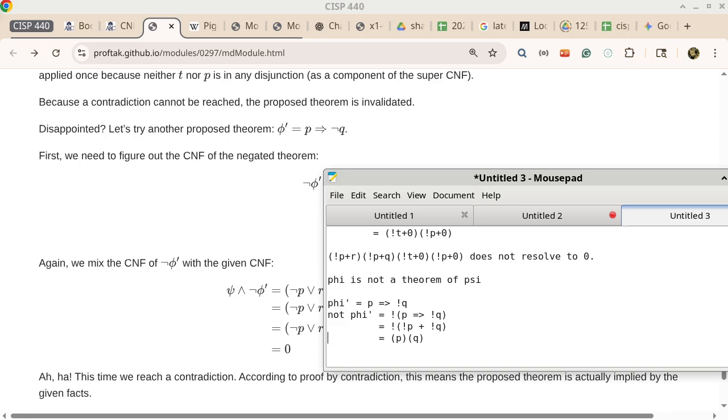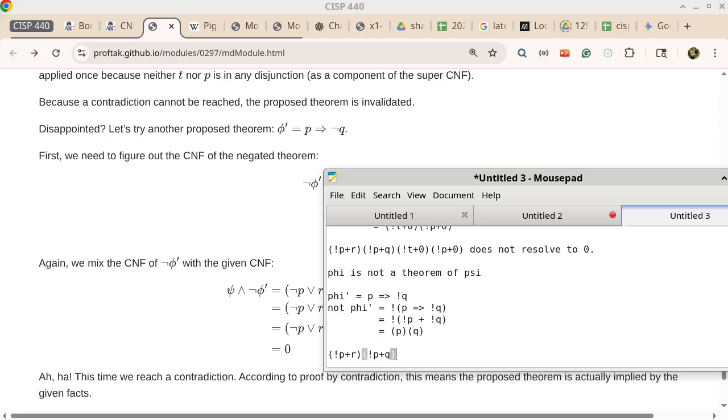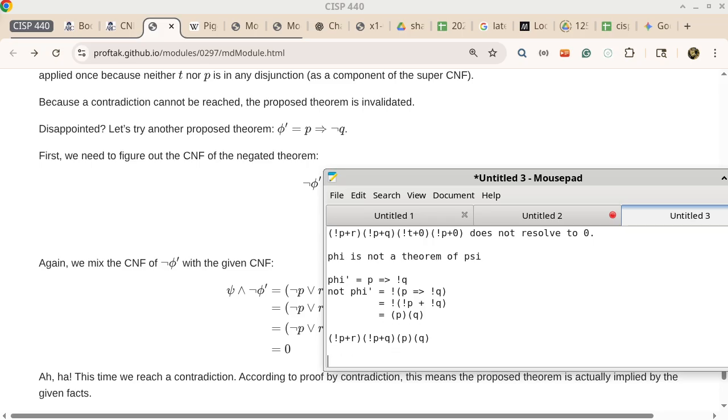Now we do a concatenation with the other two things, which are coming from psi, and then we put these two here. Now we ask, can we apply resolution? In other words, I look at one of these and ask, does anyone else have a P?